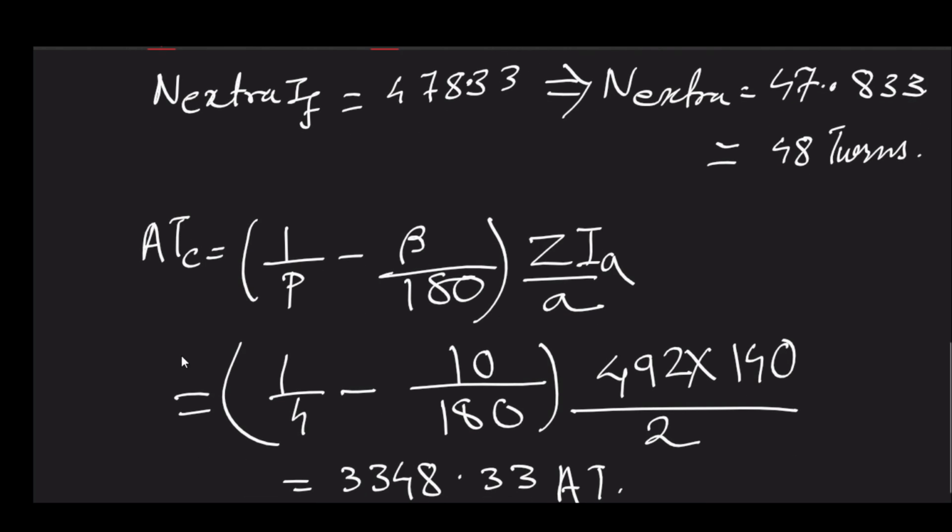Now what would happen here? Similarly, you have to change it to by 4. So you get half of the previous value, 1674 point.